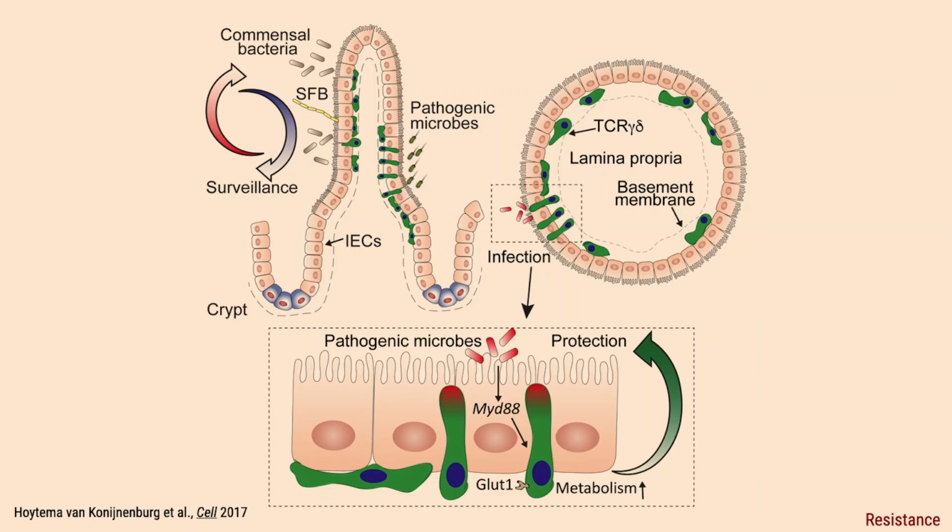So what we found is that if you knock out the gene that is sensing pathogens in the epithelial cell, you abolish the change in T cell response to the pathogen. That means that the T cells require communication with the neighboring epithelial cells to respond to the pathogen. And there is more.